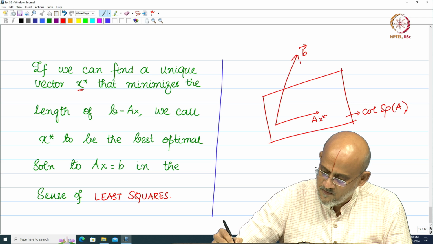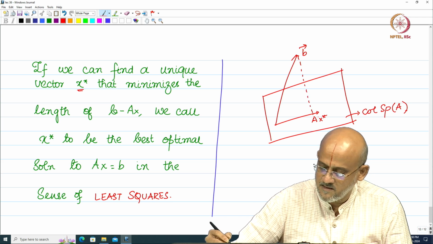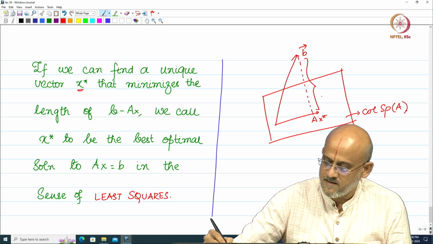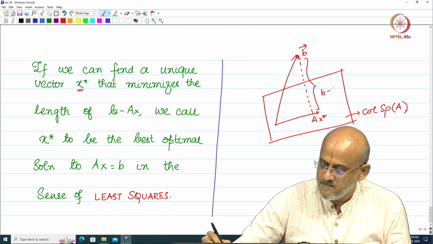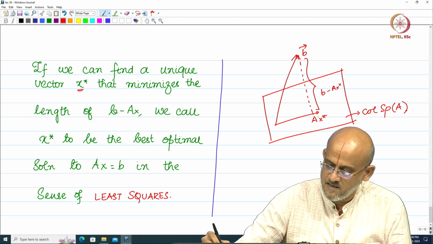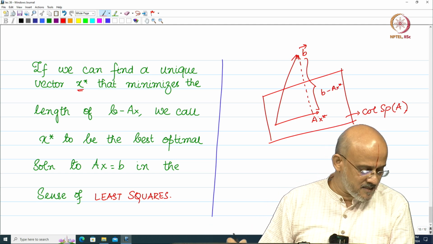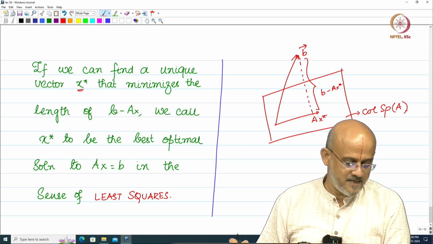Now, this is the vector which is B minus A x star, is that right? That is the vector B minus A x star.